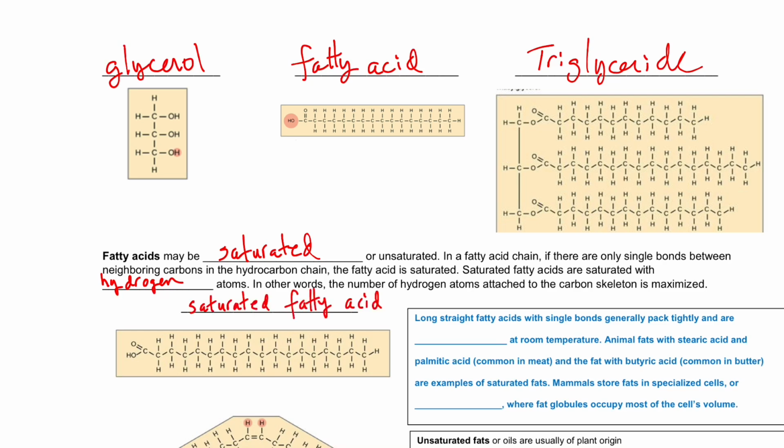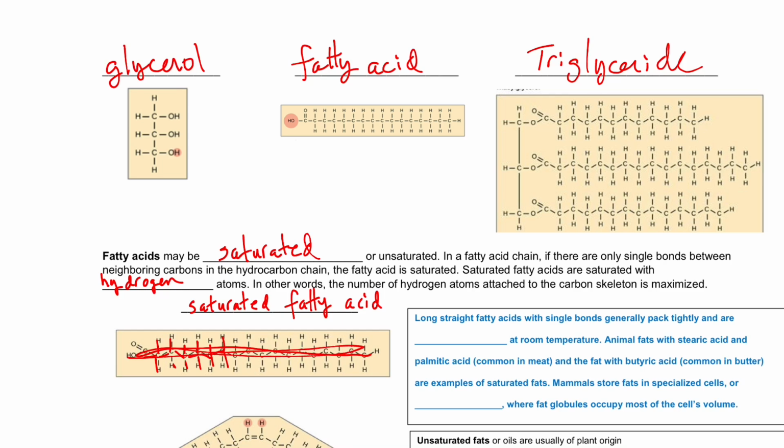Here you see a saturated fatty acid. Each of these carbons has 4 bonds, all right, and it has as many hydrogens as it can possibly hold. That's why we say that it is saturated. And that keeps this thing very straight.